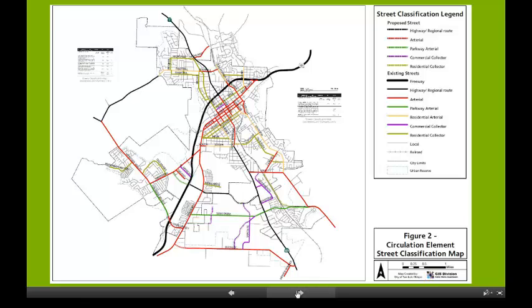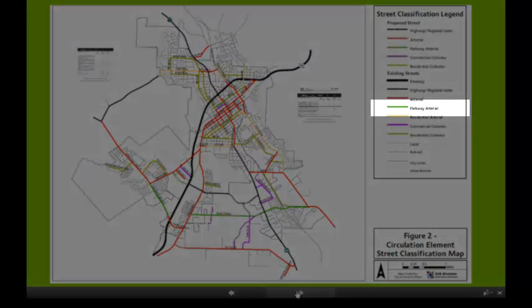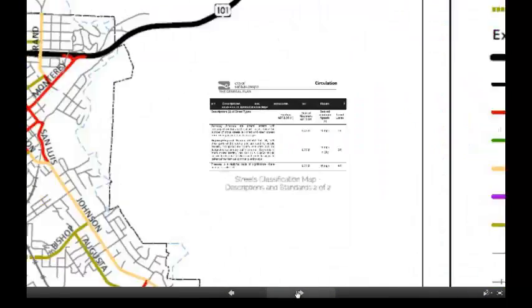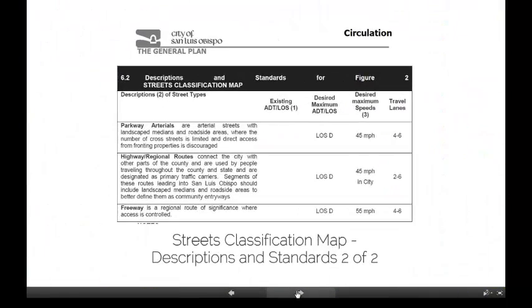This classification scheme is supported by category descriptions, so that the characteristics of a given street type can be properly discerned and correctly associated with its class. Notice, for example, that this classification system includes a category called Parkway Arterial. This table gives the description.